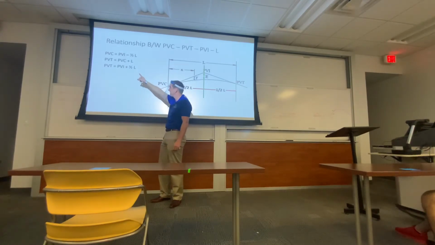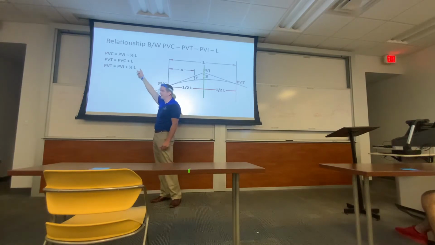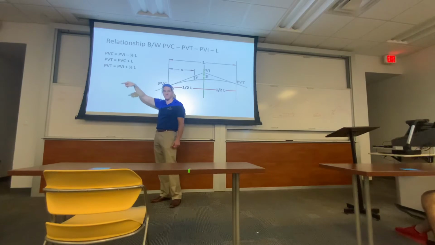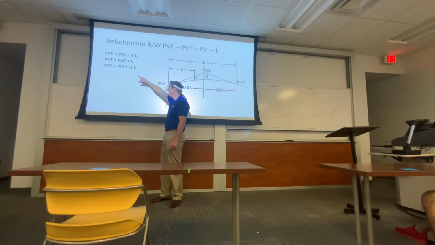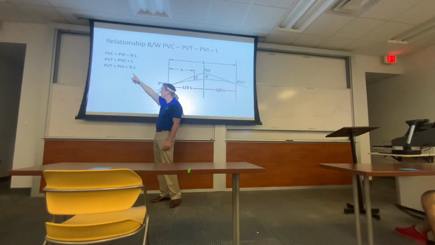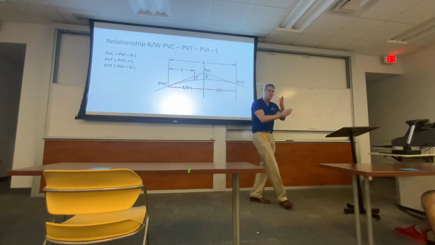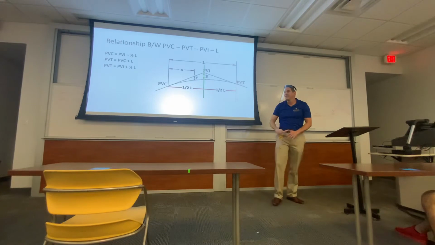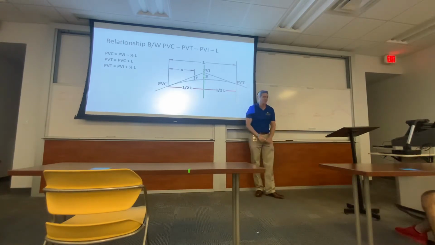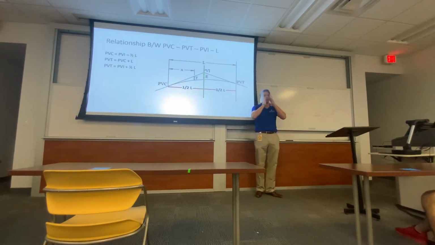The station for PVT equals the station for PVC plus L. You go from PVC to PVT, just add L. PVI plus 1/2 L equals PVT, whatever. You get the idea. It's right in the middle. This is true for vertical curves. It is not true for horizontal curves. Horizontal curves, you have to take the tangent out and then add the L back in.